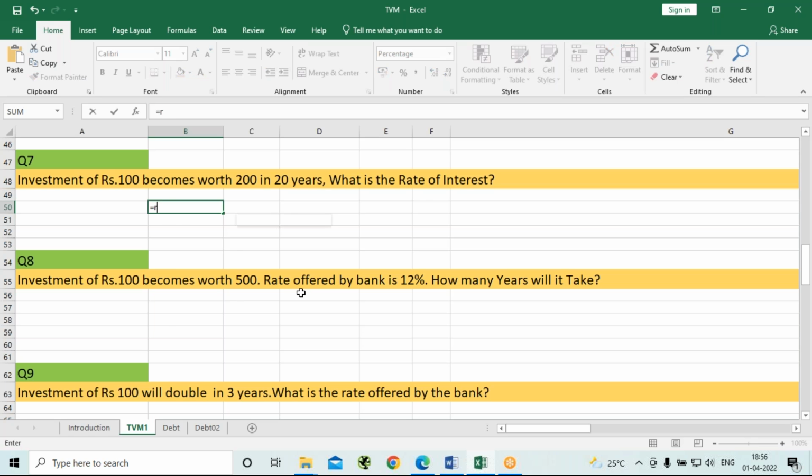So now you can calculate it by using the rate function.